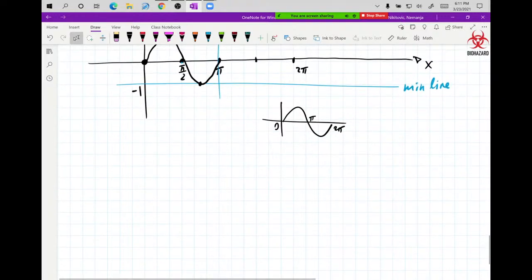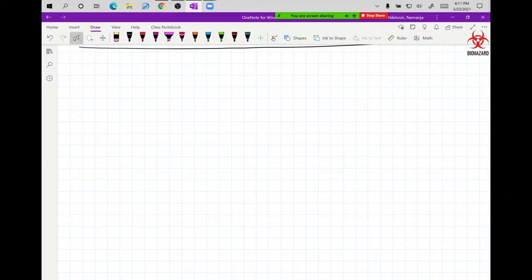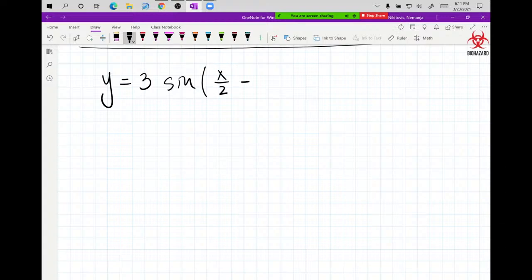Let's have a problem that has y equals 3 sine of, and let's go x over 2 minus pi over 6.